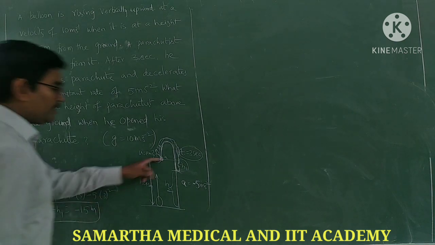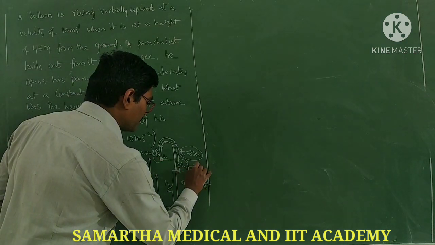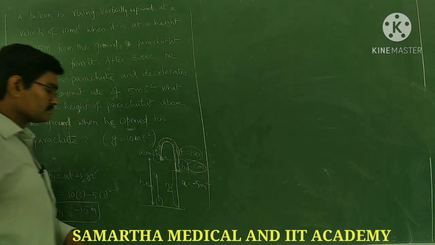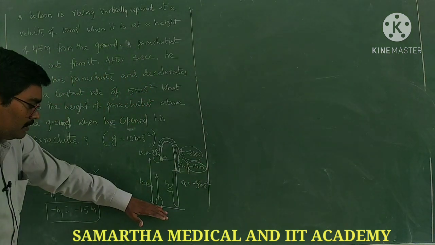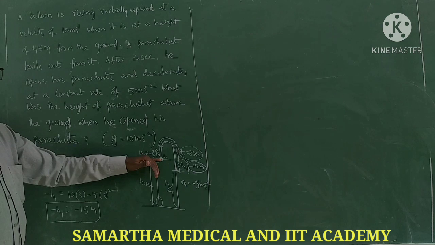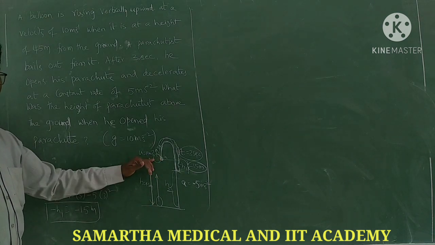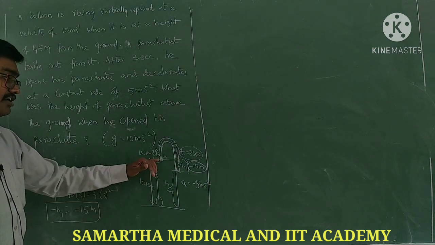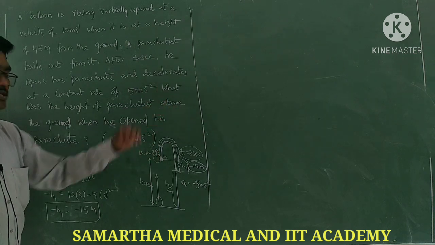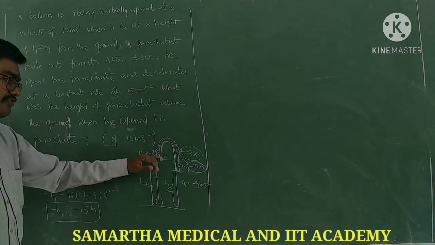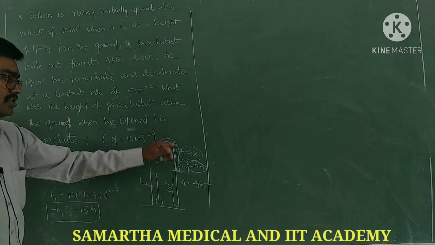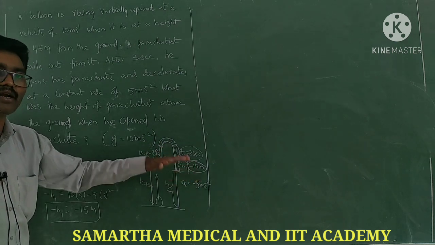That means it is 15 meter below the bail-out point. From the ground, at what height was it bailed out? 45. Once it is bailed out at 45, after t equal to 3 seconds it has gone down to 15 meter below.